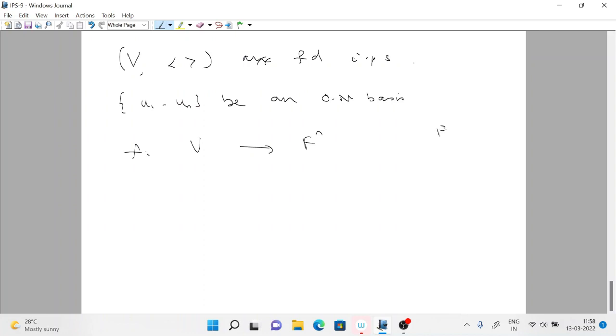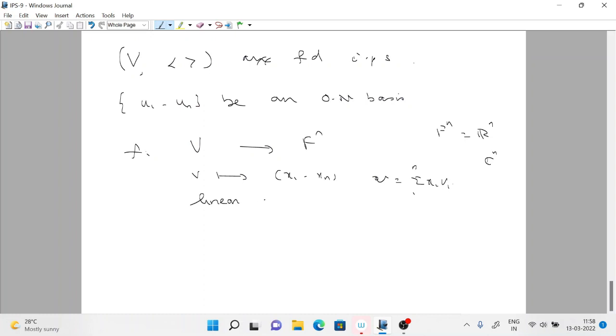Now this Fn is Rn or Cn, right? So what is the map? It takes v, equal to the summation of xi ui, to x1 to xn. So we know this is a linear isomorphism, right?